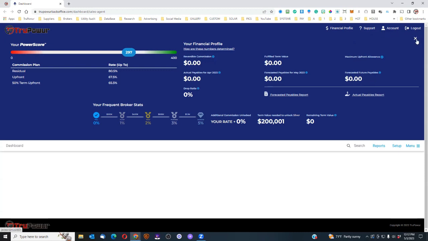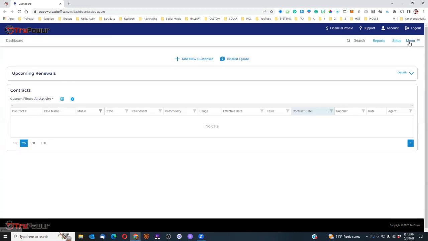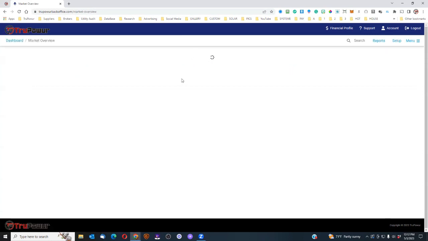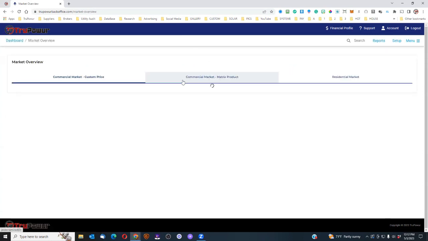One of the other things that you want to look at is right here under the menu where you have the market updates. You've got reports on commissions, market overviews. That is going to show you what states are available.